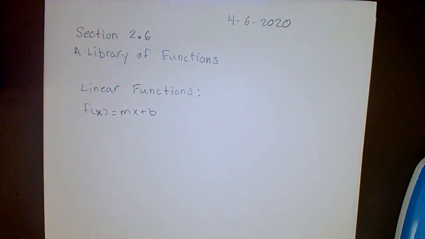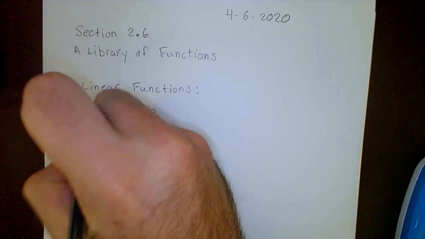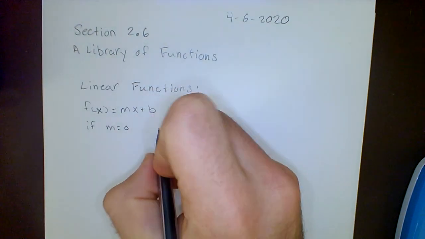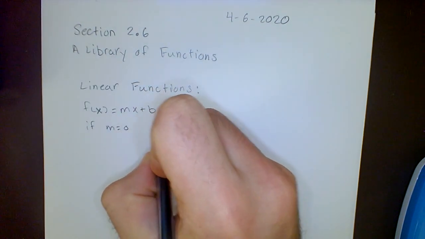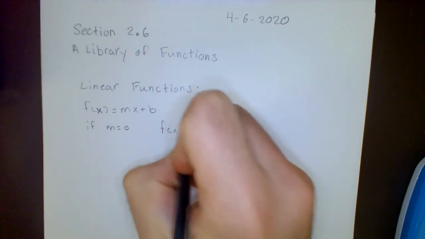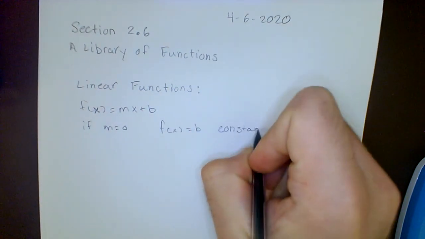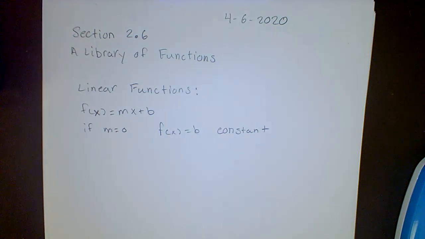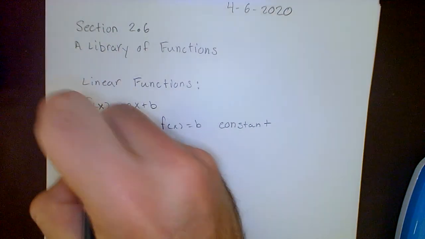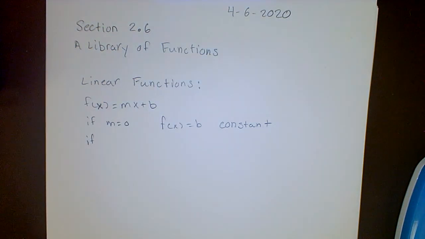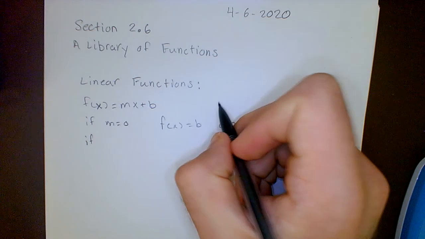There are some special cases. If m equals 0, it's a constant function, just f of x equals b. Remember, you can't have x equal to a number.